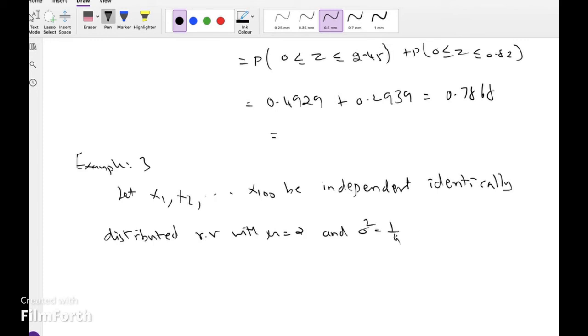Variance is given, mean is given. Find P of 192 less than x1 plus x2 plus etc. plus x100 less than or equal to 210.